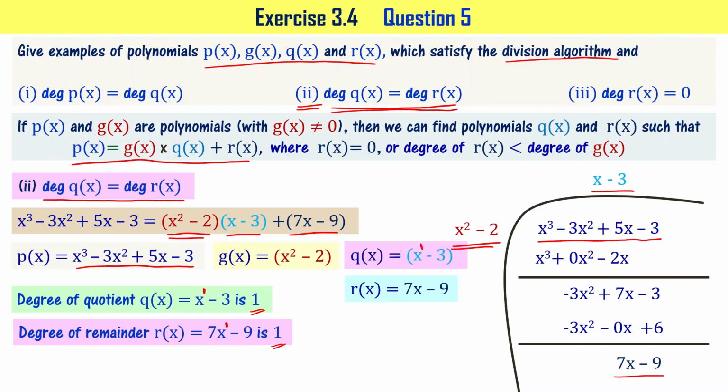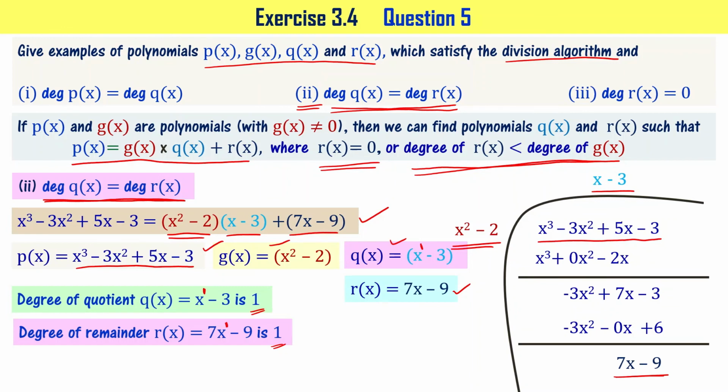We have written p of x, g of x, q of x, and r of x that satisfy the division algorithm. At the same time, they satisfy the requirement of degree of q of x equal to degree of r of x, right? When you say it satisfies the division algorithm, actually you have to see whether r of x equal to 0 or degree of r of x is less than degree of g of x or not. As you see here, r of x is not 0, right? 7x minus 9.